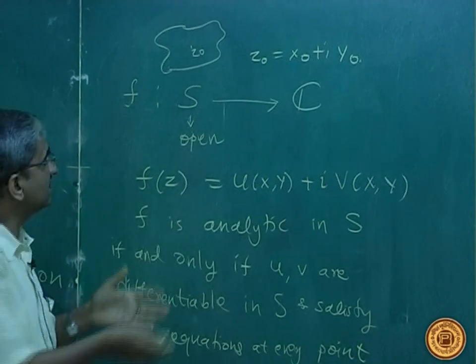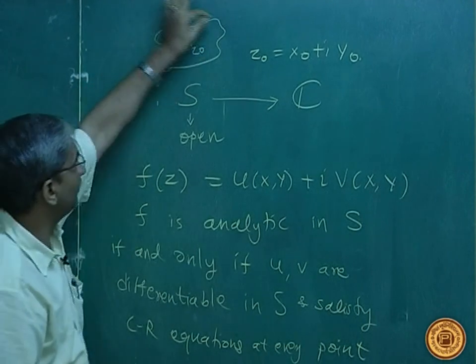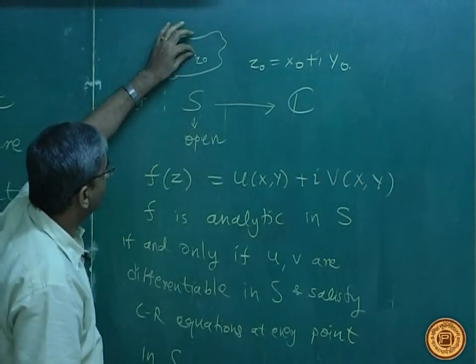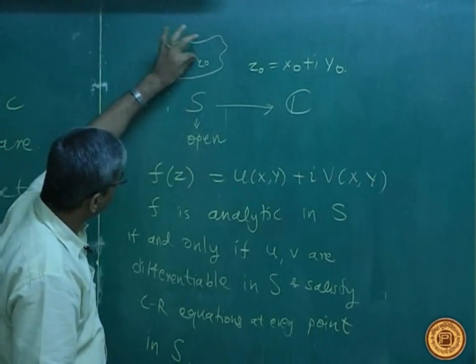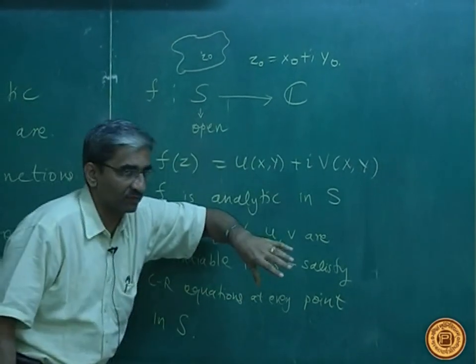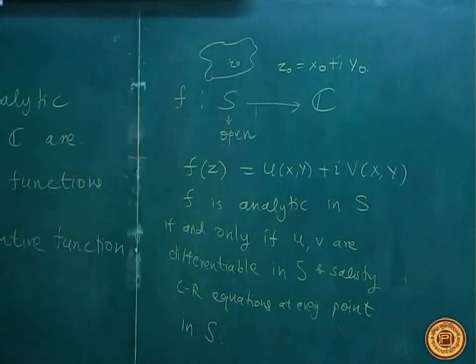And conversely, if f is analytic, then it is differentiable everywhere. So any point z0 you take, it is differentiable. So at that point these two functions are differentiable and satisfy Cauchy-Riemann equations. So this will happen at every point. So we get this necessary and sufficient condition for analyticity.